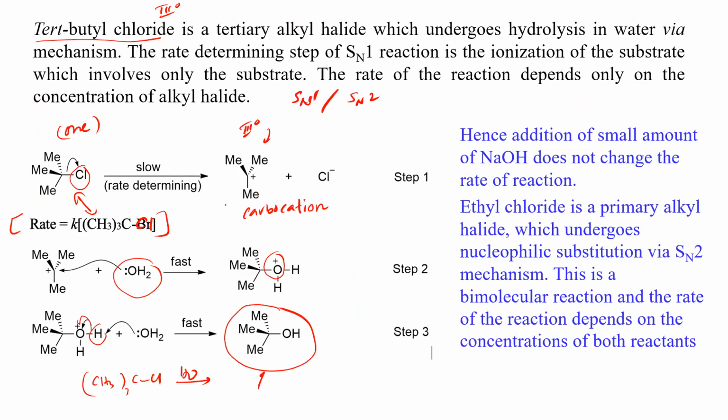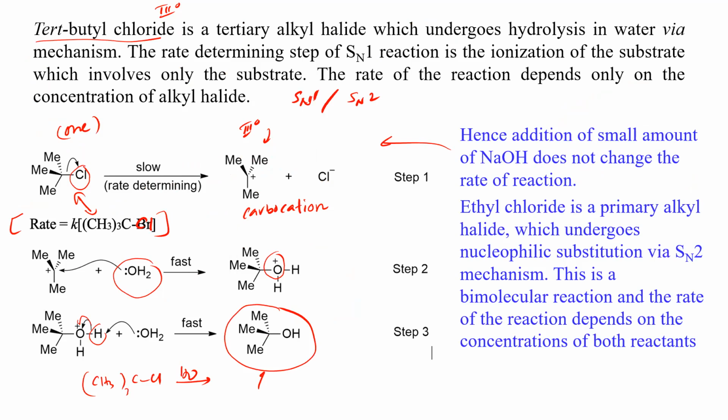So what you have to say at the end, hence addition of a small amount of sodium hydroxide does not change the rate of the reaction of tertiary butyl chloride, because it's an SN1 mechanism. There's no hydroxyl or water in the rate law.